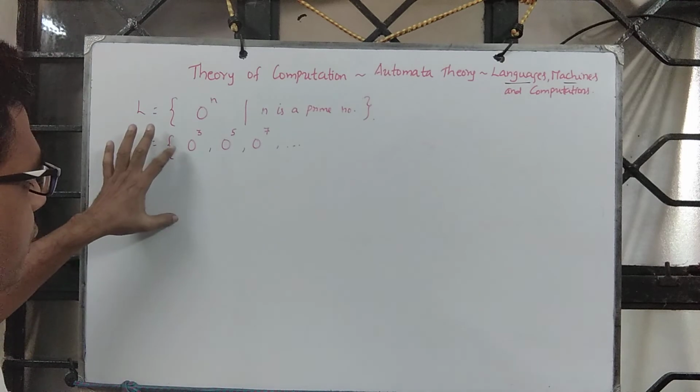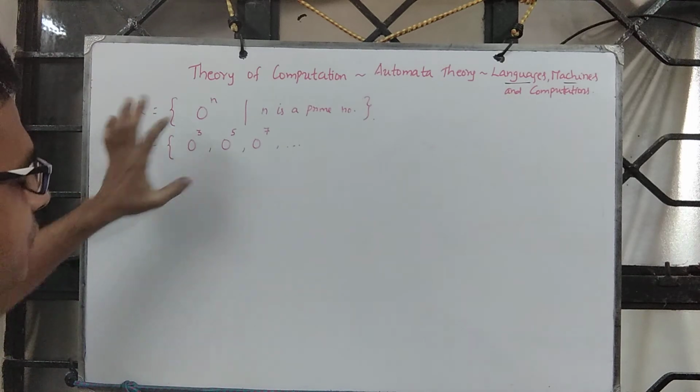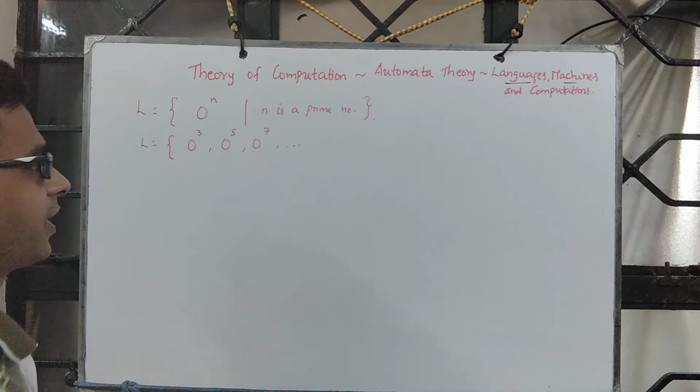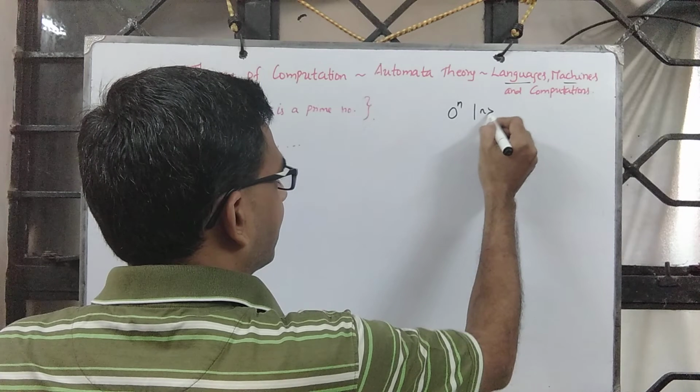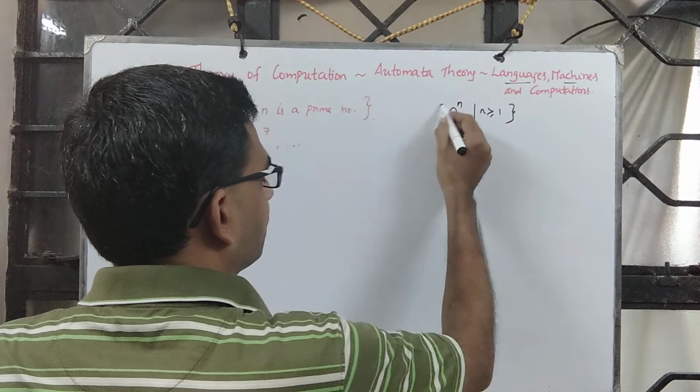Now we want to show that this one is not regular. Remember, 0 power n, where n greater than or equal to 1, is regular.